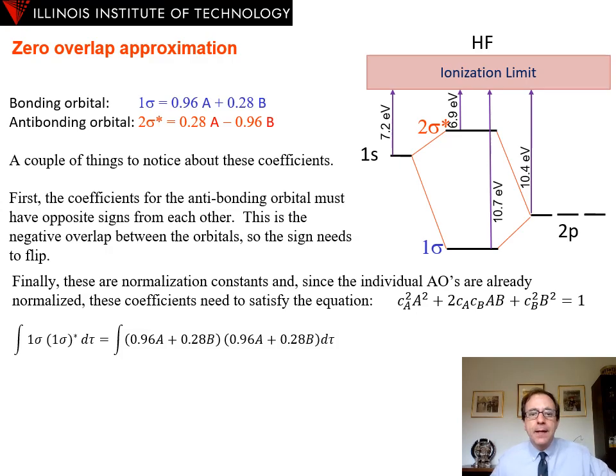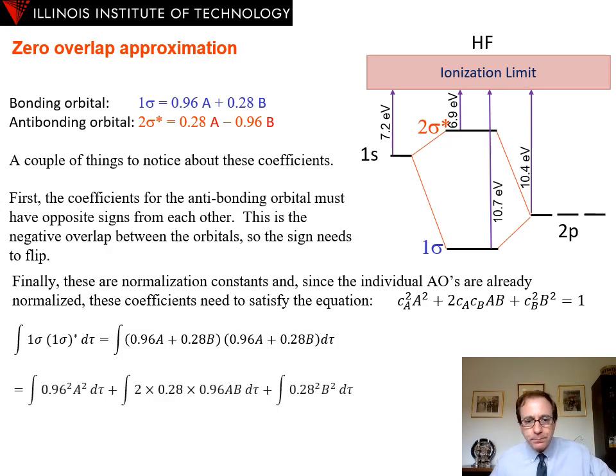Let's do the same thing and multiply this out, and we get 0.96 squared a squared d tau plus 2 times 0.28 times 0.96 ab d tau. The first term is the first, the second is the outer and the inner, and then the last term is the last. We're multiplying the 0.28b times the 0.28b and integrating over all space.